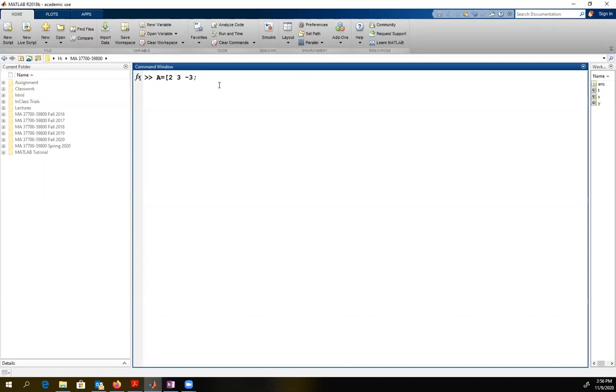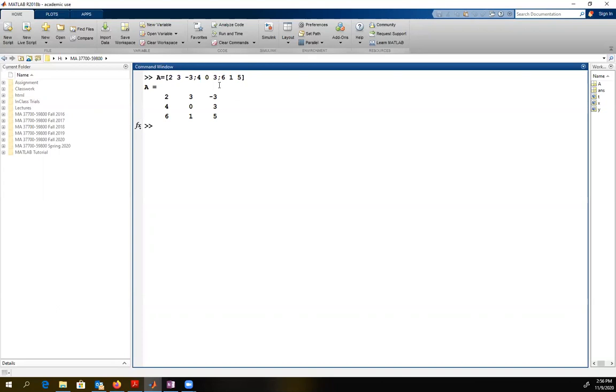The second row is 4, 0, 3. And then the third row is 6, 1, 5. This is our matrix, right? I hope I copied it correctly.